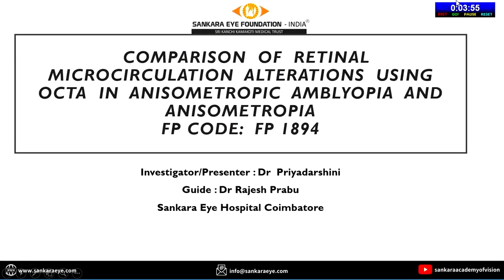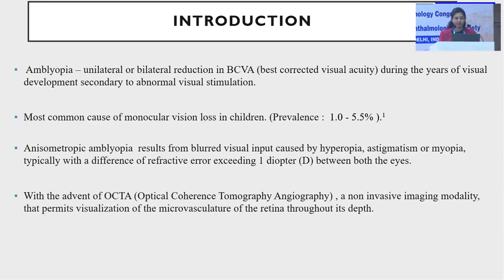Good afternoon, everyone. I'm presenting comparison of retinal microcirculation alterations using OCTA in anisometropic amblyopia and anisometropia. We know amblyopia is unilateral or bilateral reduction in best corrected visual acuity during the years of visual development, which is secondary to abnormal visual stimulation, and it's the most common cause of monocular visual loss in children.